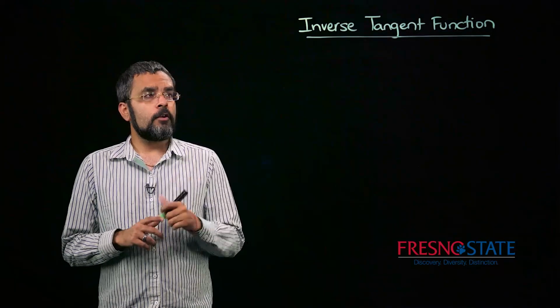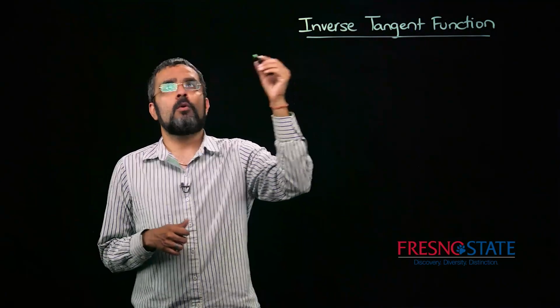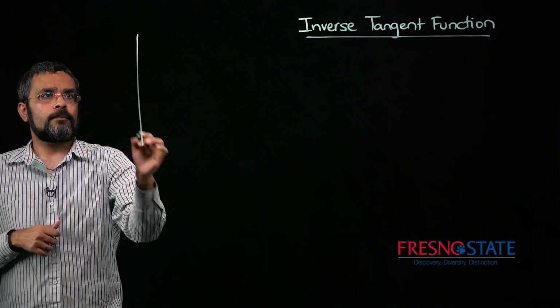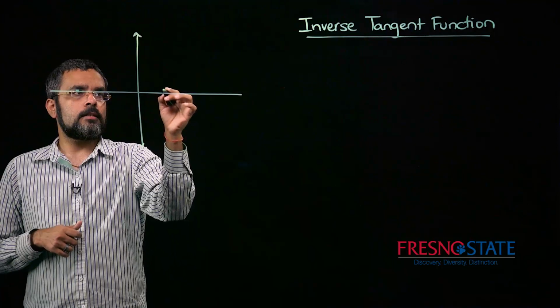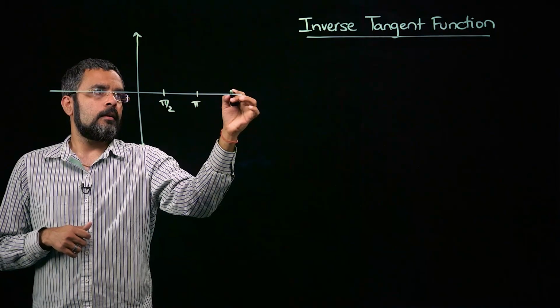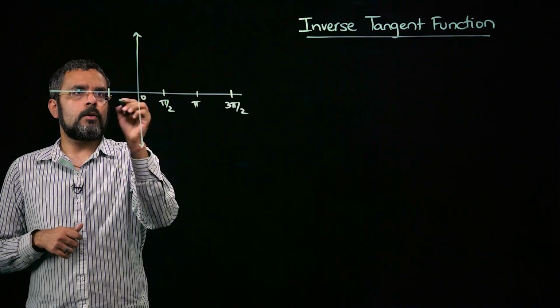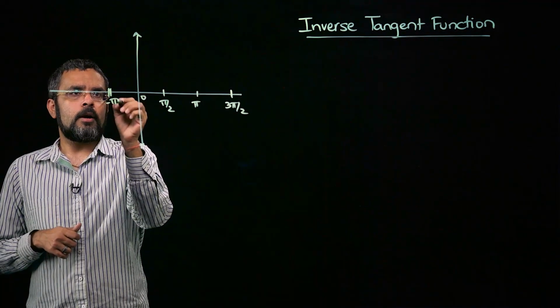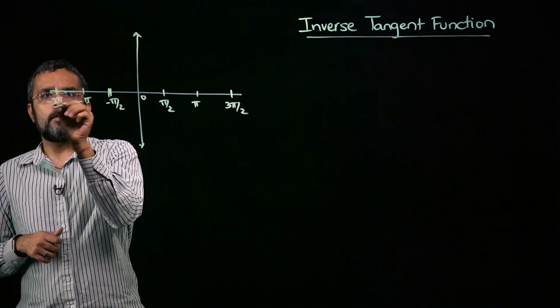Okay. So again, if you recall, the graph of tangent sort of goes like this, right? You have the y-axis. Say this is pi over 2, pi, 3 pi over 2, and then I have 0, negative pi over 2, negative pi, negative 3 pi over 2.